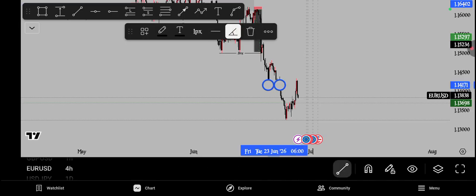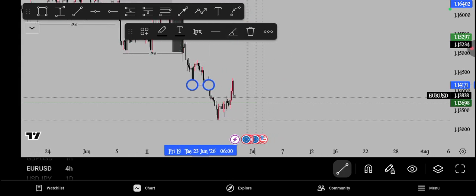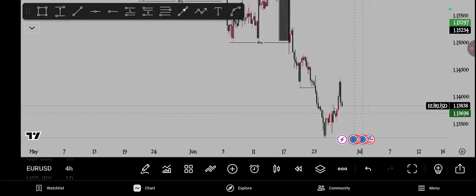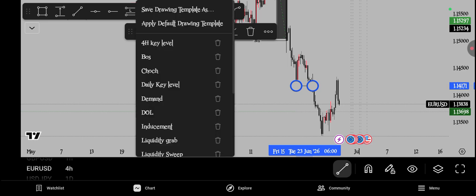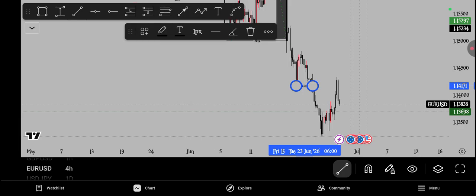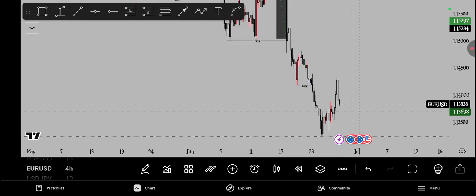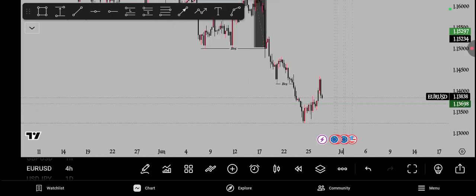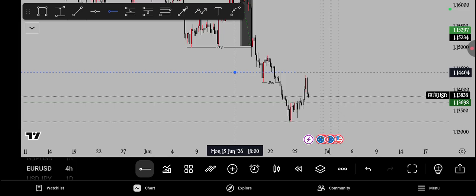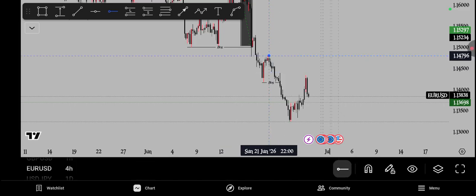That was where it occurred. So we now have this low to watch out for, the low that caused the break of structure.